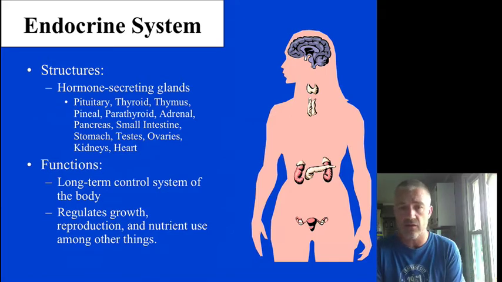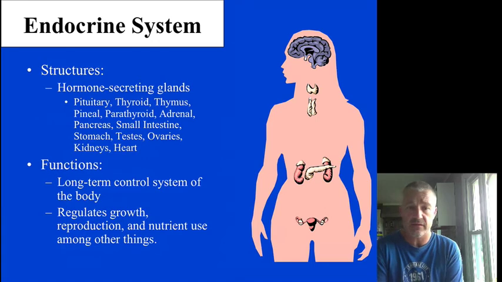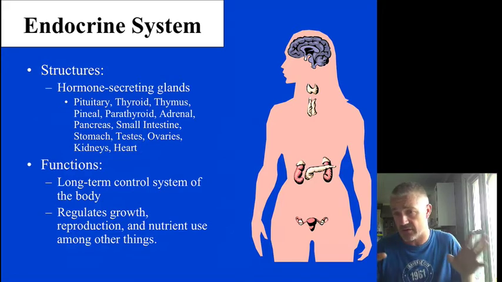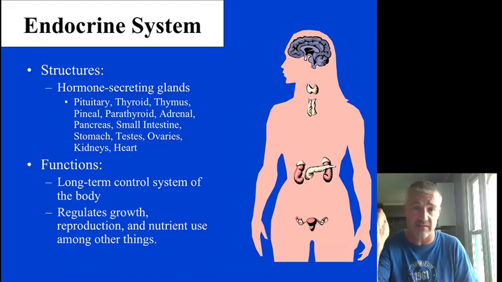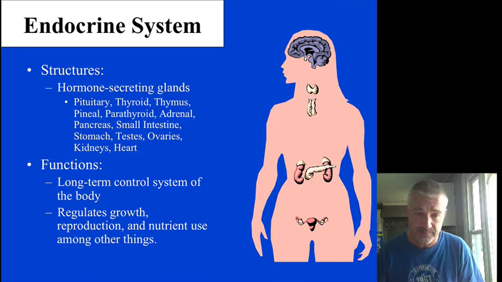A little bit slower acting system here. It's going to release hormones that can bring about changes in other tissues. It takes a little bit longer for it to be active, but it's longer lasting though. So things like puberty you can see are a little bit more permanent than say a nerve impulse saying contract this hand, okay, let it go.